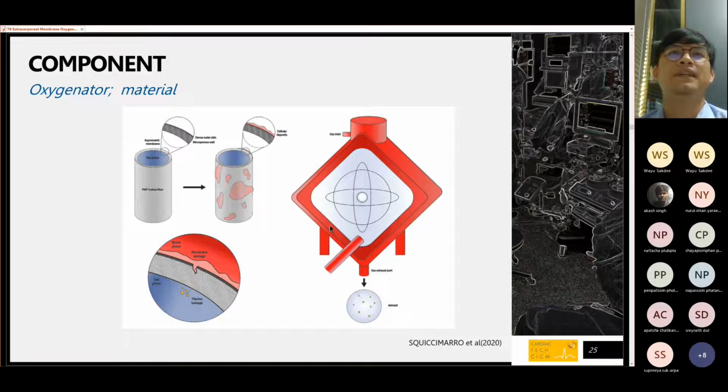Okay, here is another example of poor material. It can be cracked because we have run it for a long time, and it's going to receive much flow and pressure, right?